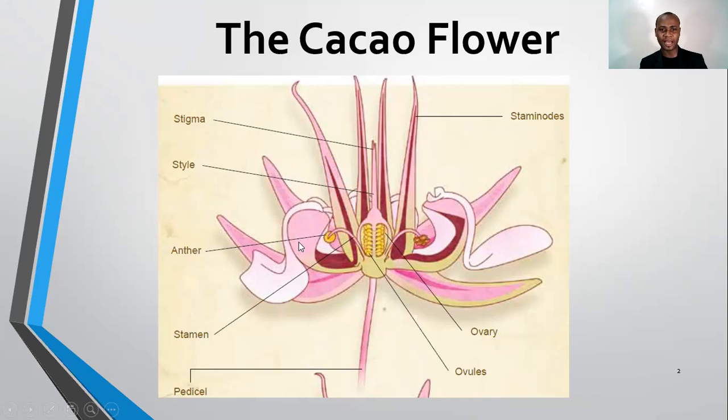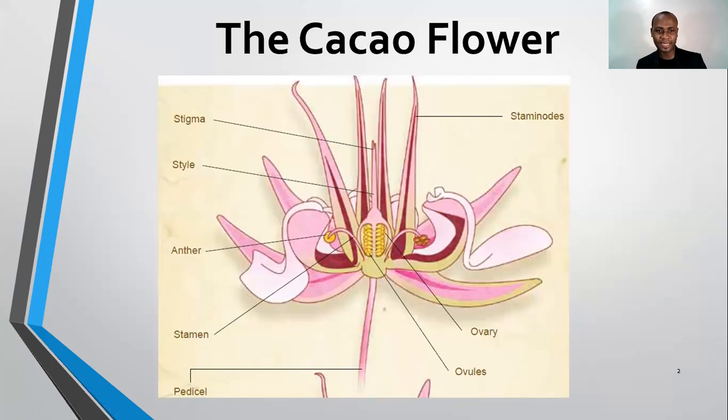The anther has the pollen grain. For fertilization to take place, pollen from here needs to move all the way up. But it's usually not practical. If the pollen were up here and the stigma was down, pollen could easily fall on the stigma, but it's the other way around, so it makes it difficult.